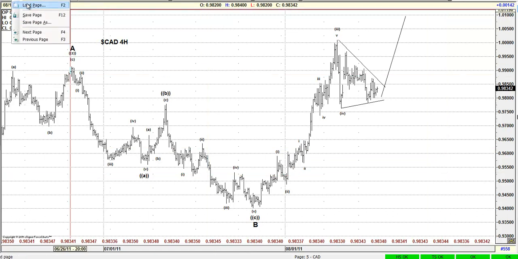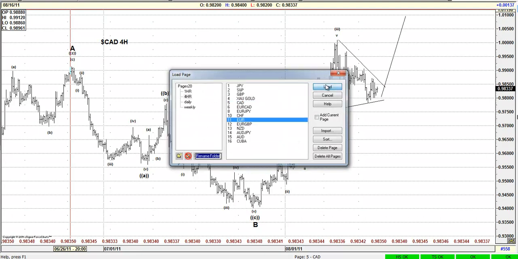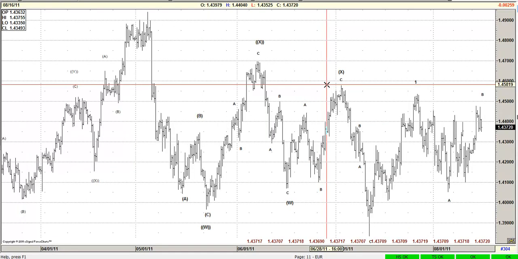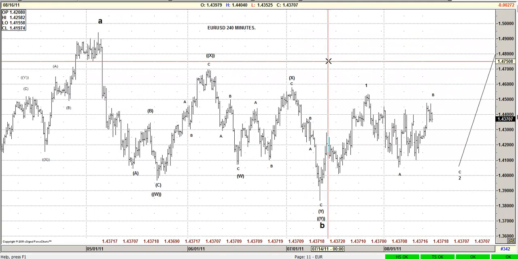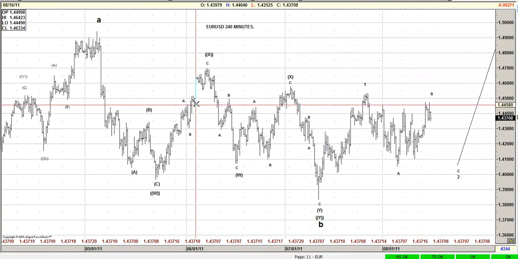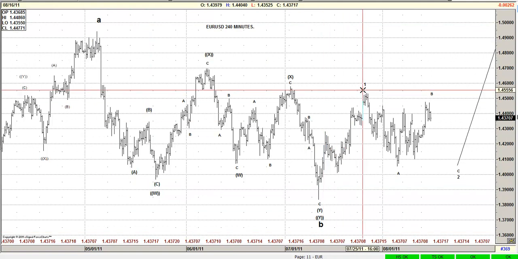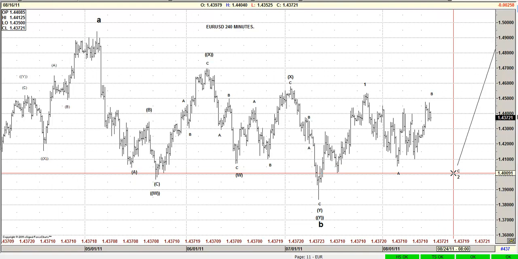Now, the euro, we presented today 2 counts on the euro. Both are bullish. One is going to be faster, the other one a little bit less bullish. This is the principal count: A, B, and then 1, A, B, C, probably 2. The other count has the same result.